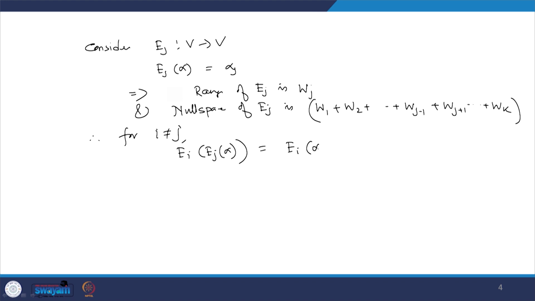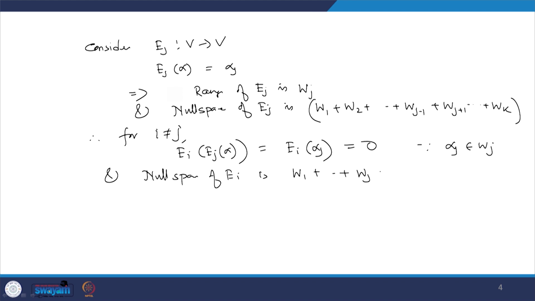Ei operating on alpha j, which is certainly equal to 0, since alpha j belongs to Wj, and Wj is part of the null space of Ei, and the null space of Ei is W1 plus Wj plus Wi minus 1 plus Wi plus 1 plus Wk.